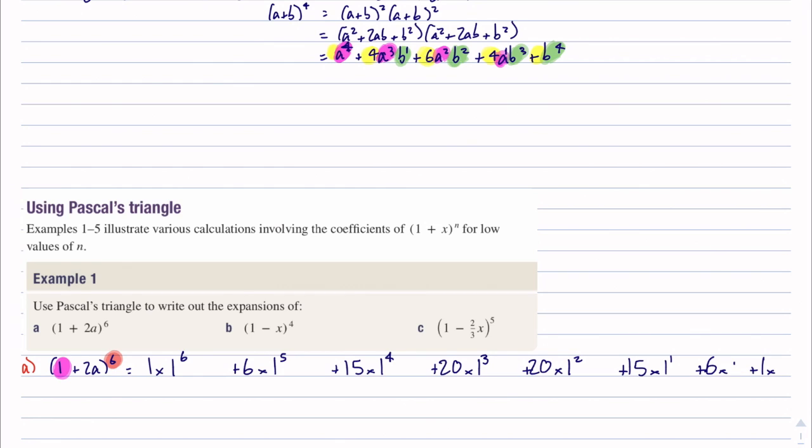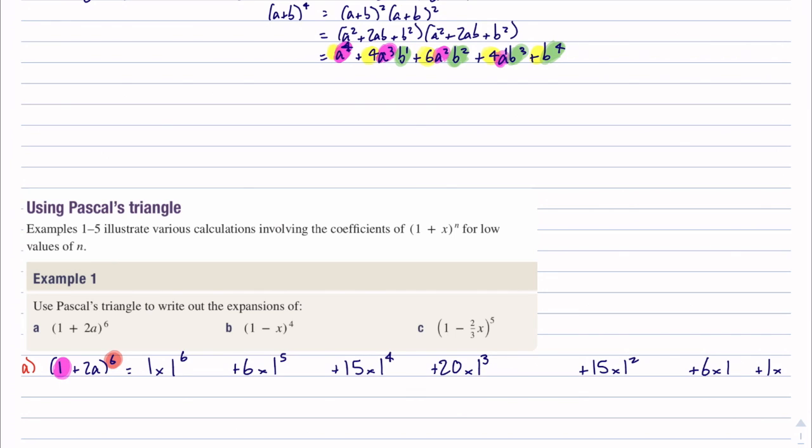Oh, I shouldn't have had two 20s. It should have been 15, 6, 1, which means I've got too many terms. Ugh. 15, 6, 1. Okay, 1 to the 3, 1 squared, 1, and then nothing.